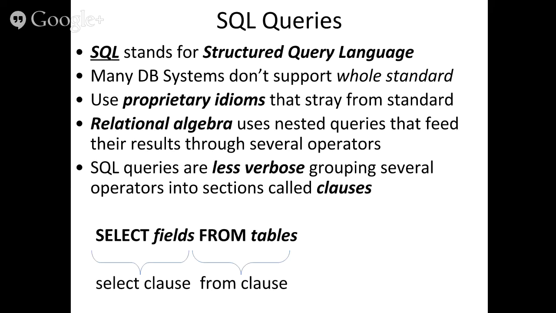So presumably we have lots of tables, and these tables have fields. So the data is going to be spread over several tables, and each table is going to have several fields.